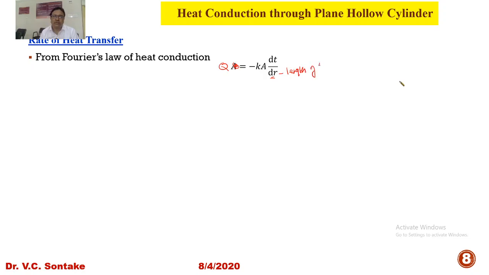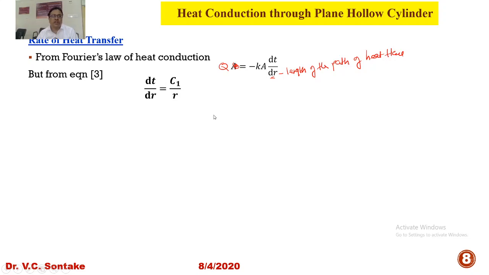length of path of heat. But from equation 3 we know the value of dT by dr is equal to C1 by r, and also we have the value of constant C1.